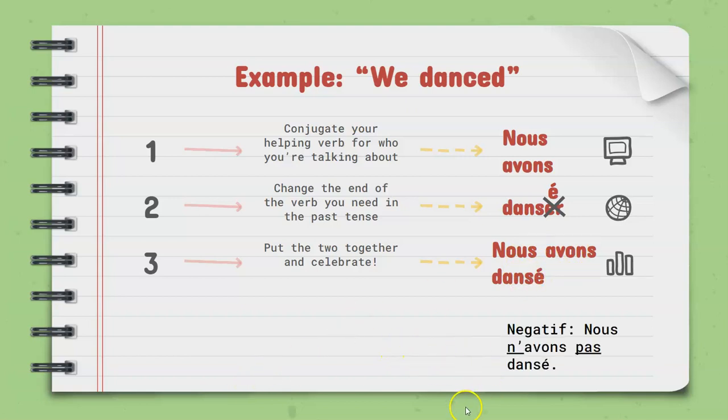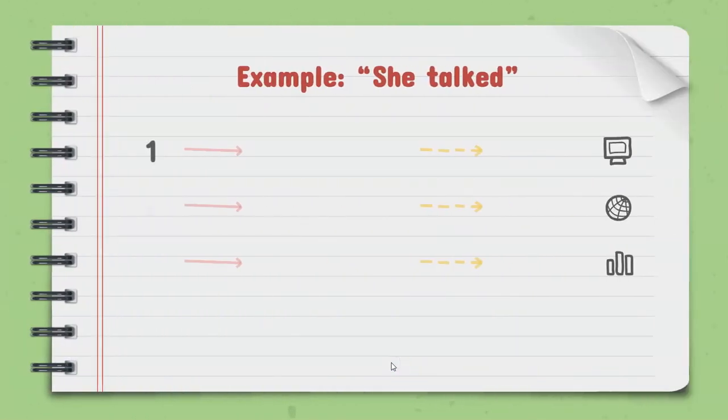And then as a reminder for the negative, the ne and pas go around just the first verb. So to say we didn't dance, nous n'avons pas dansé. Let's take a look at another example together. How about for she talked? First, we'll conjugate our helping verb for who we're talking about. Elle a.